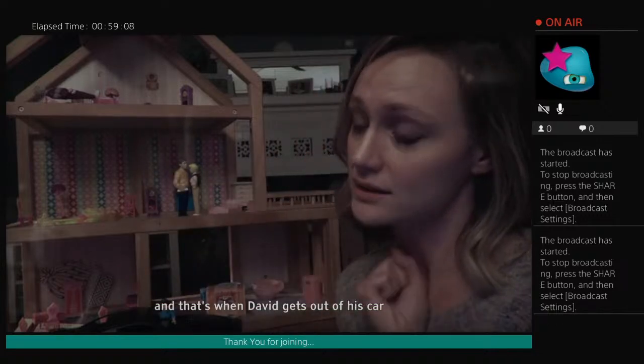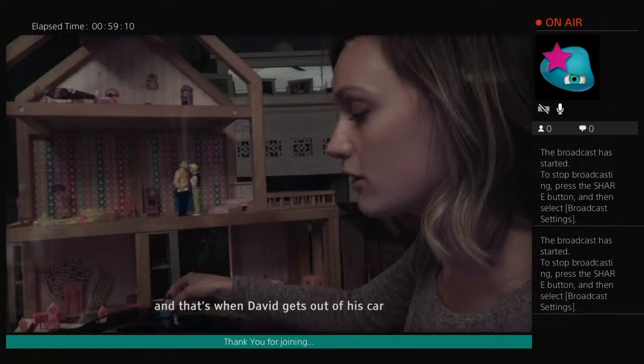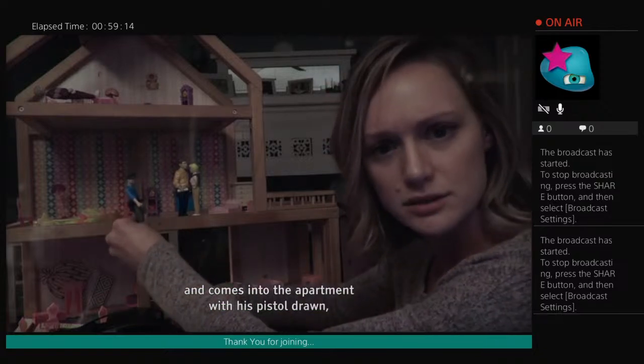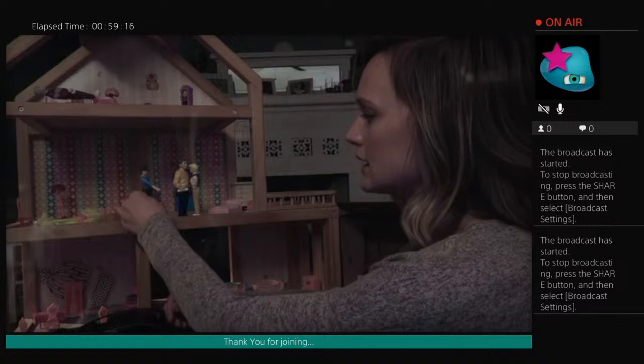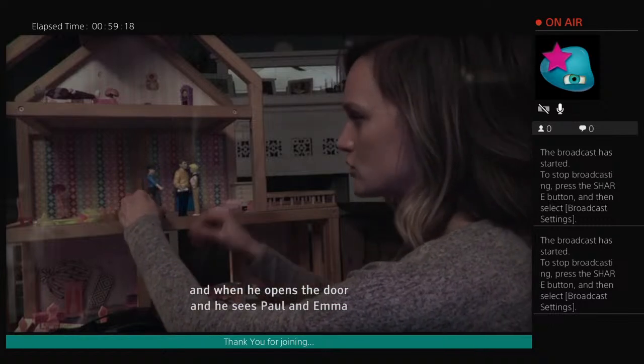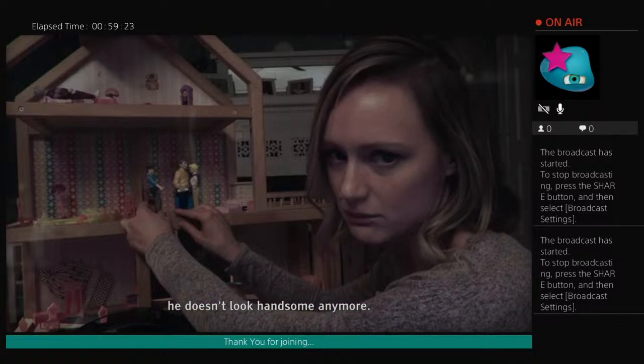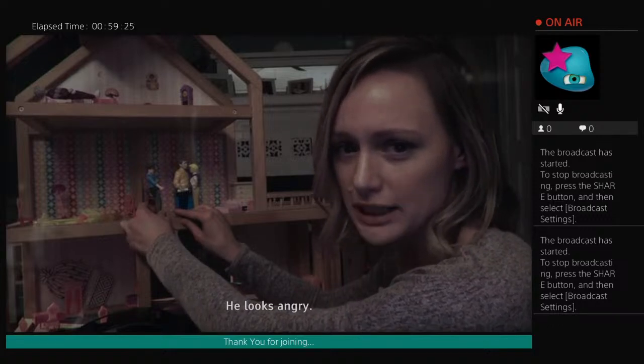And that's when David gets out of his car and comes into the apartment with his pistol drawn. And when he opens the door and he sees Paul and Emma, he doesn't look handsome anymore. He looks angry.